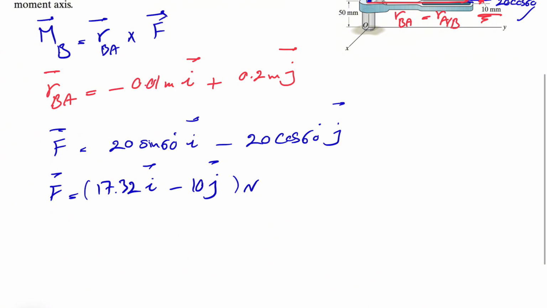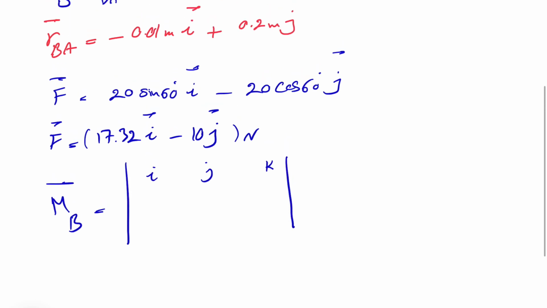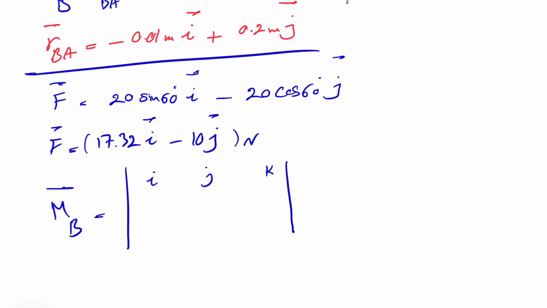So now we can go to our determinant. We are trying to find the moment about point B. We have our determinant i, j, k. The second row is our position vector, so minus 0.01, 0.2, and we don't have any k component.